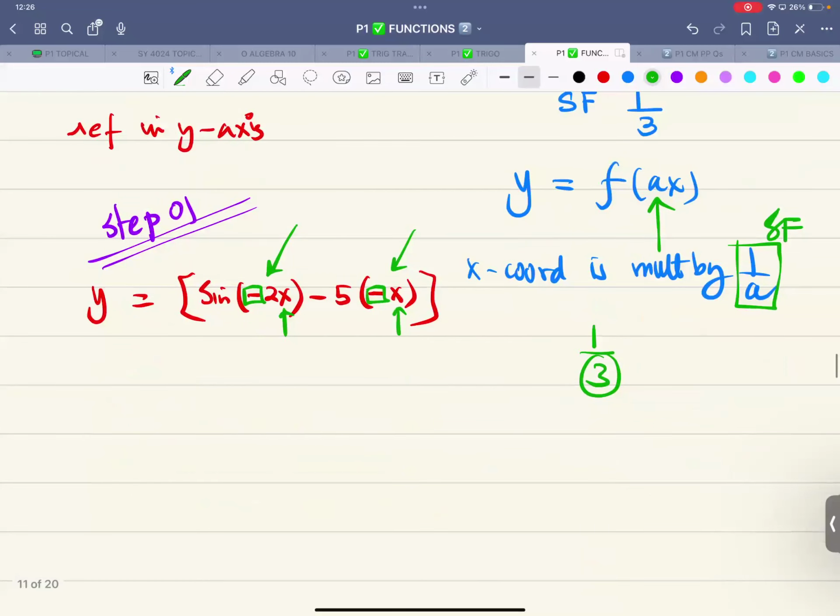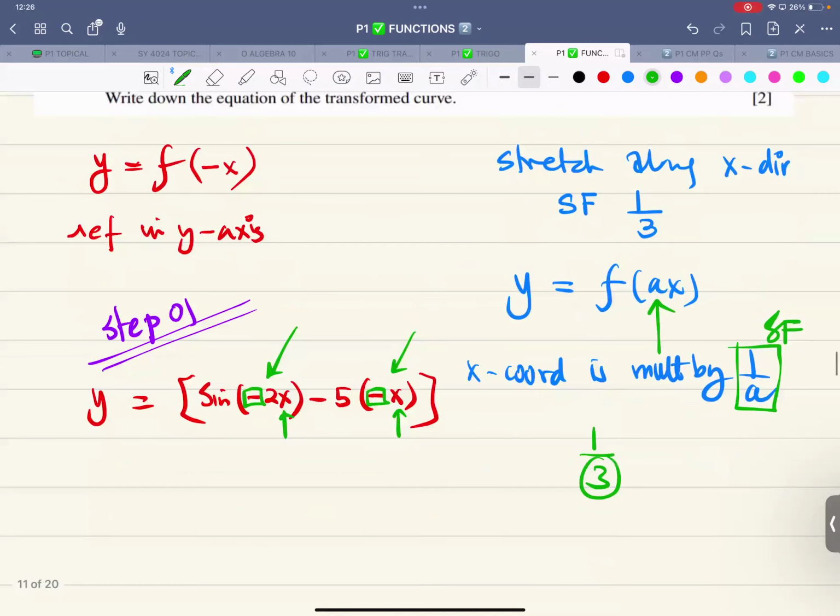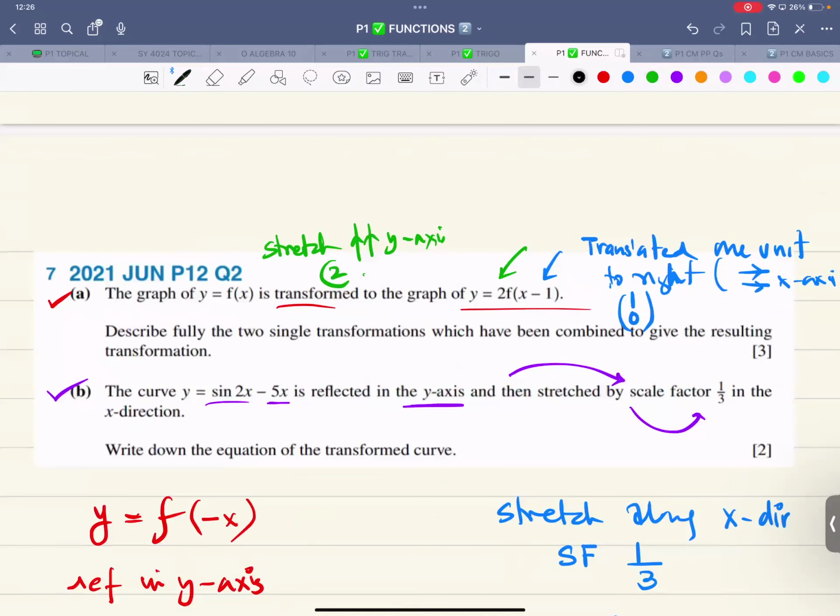Now the examiner accepts both of them. They have accepted the answer as sine of negative 2x, or you can use a little bit of trigonometry. One is in the first quadrant, one is in the fourth quadrant. They are not exactly the same except for the plus minus sign.